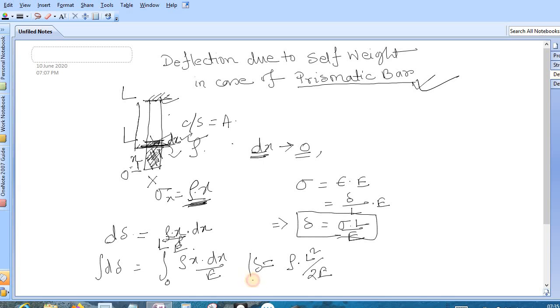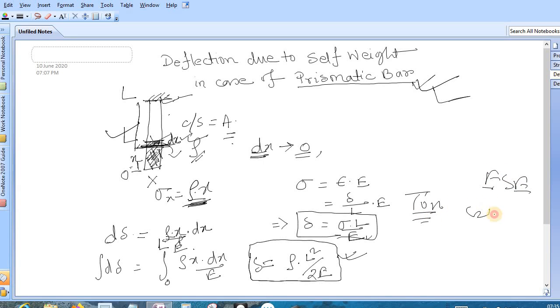This is the deflection due to self weight in the case of a prismatic bar with the given conditions: cross sectional area is A, density is rho, length is L. Clear?